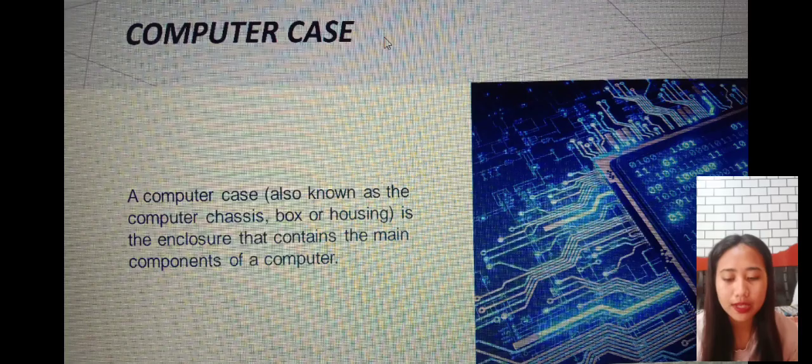So the first one is computer case or chassis cabinet. It is an enclosure that contains most of the hardware of a personal computer.